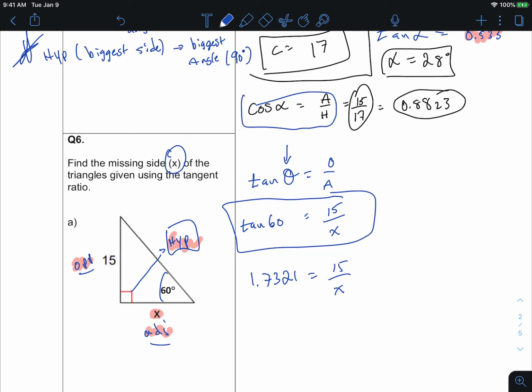Now I want you to solve for x. We can rearrange it. How are we going to rearrange? Just going to cross multiply, right? Yeah. So then you get 1.7x.